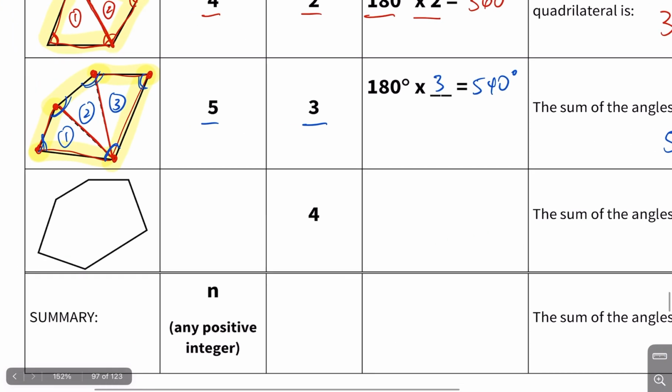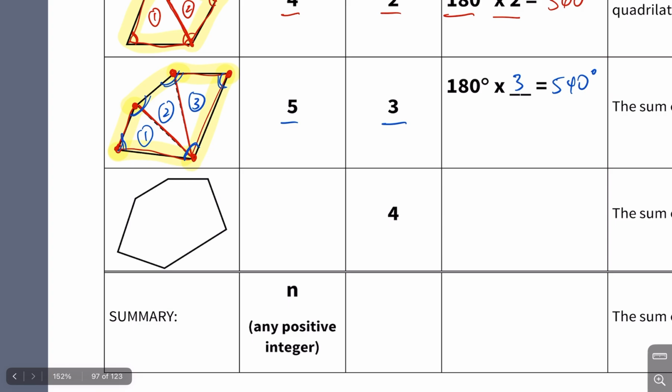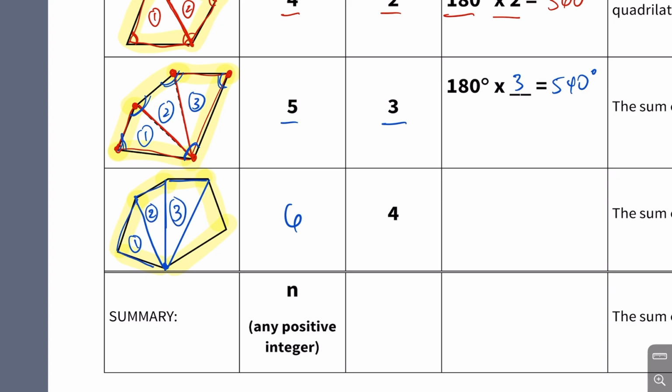Let's look at how many sides this shape has. 1, 2, 3, 4, 5, 6. 6 sides. If I start from one corner, I could draw a line to every other corner. To show that, I have 1 triangle here, another triangle here, another triangle here, and another triangle here. 4 triangles.